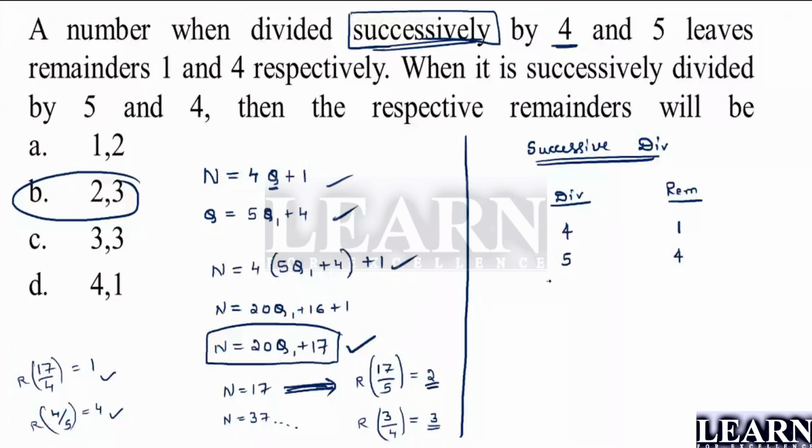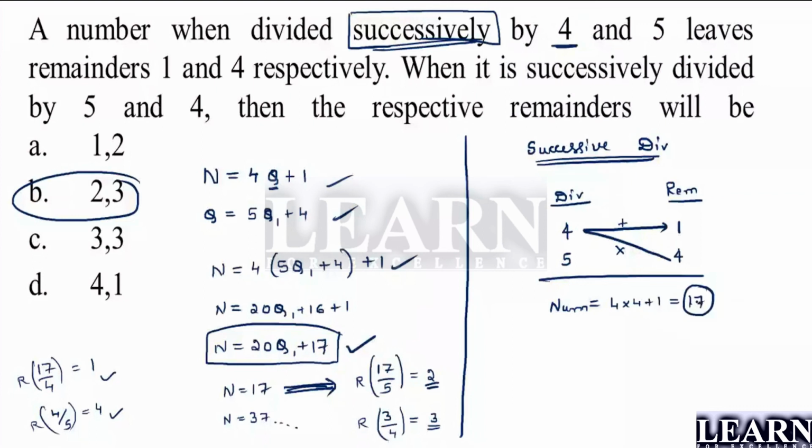Start from the right bottom end, go cross and add it here. So 4 into 4 plus 1. 4 times 4 is 16, 16 plus 1 is how much? 17. So 4 into 4 plus 1 gives 17. This is the least possible number.